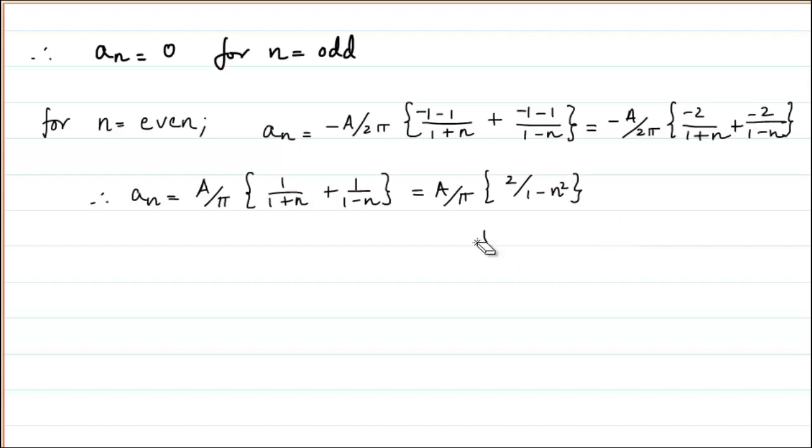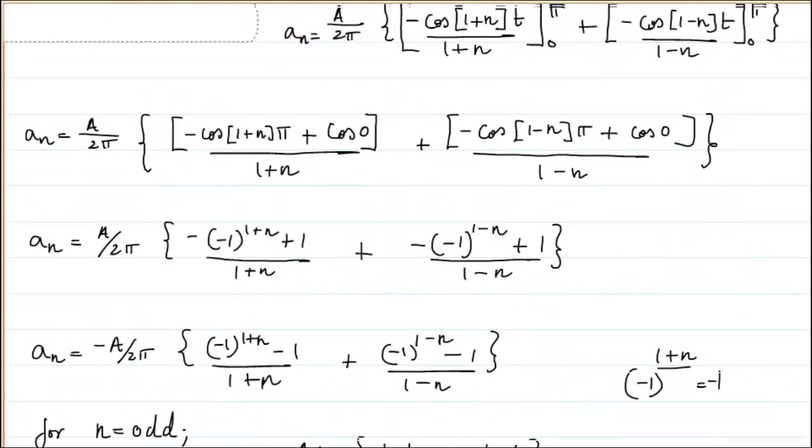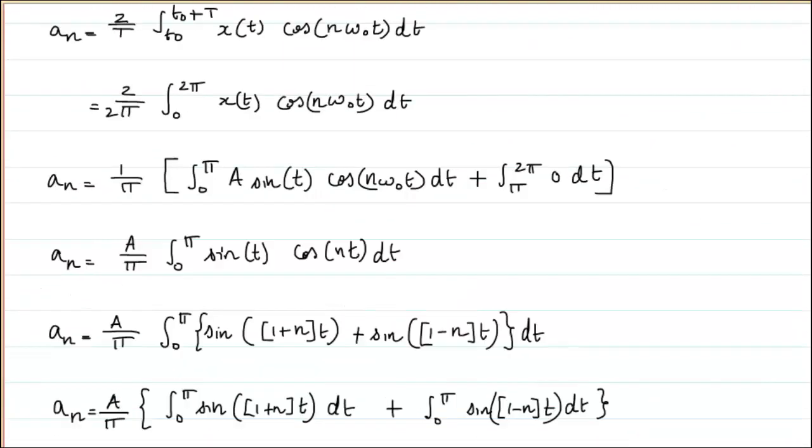Okay, so based on that I can write, therefore, an is equal to 2 times a divided by pi into 1 minus n square, and this is for n equal to even. This is an. Similarly, we have to calculate for bn.